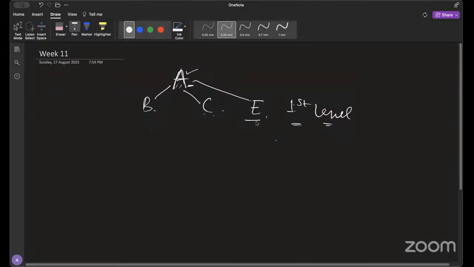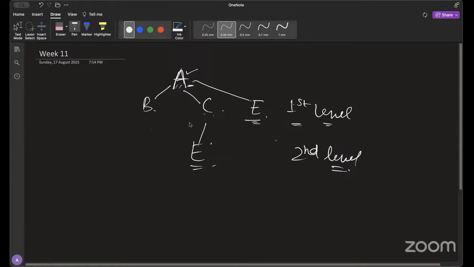If you don't see E on the first level, that means A and E is not a direct edge in the original graph. That's why you don't see it there, and you see it on the second level. So A and E can't be an edge in the original graph.